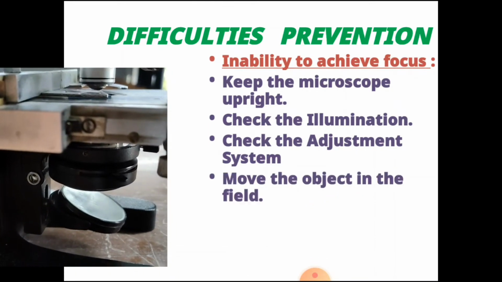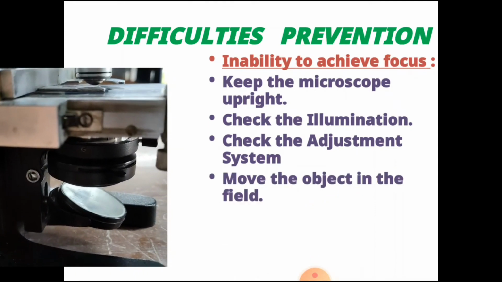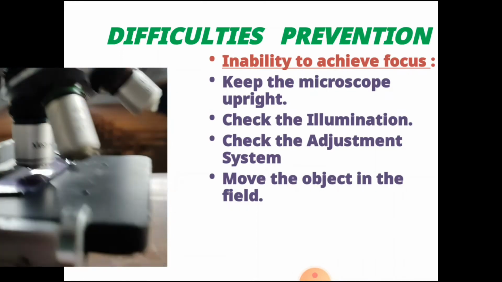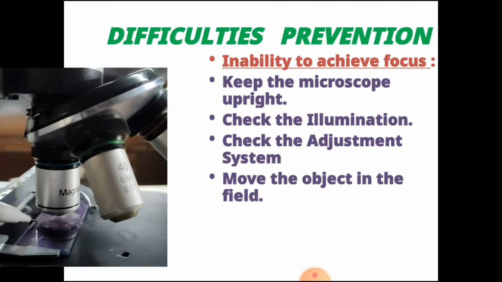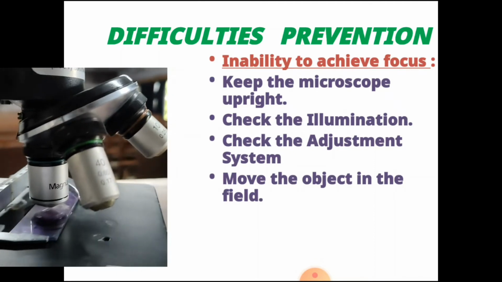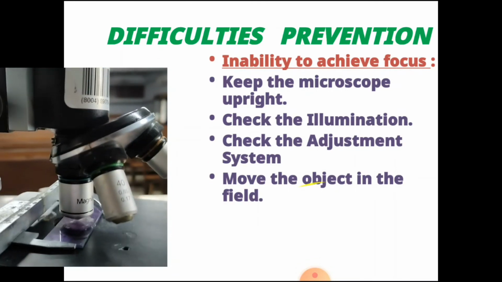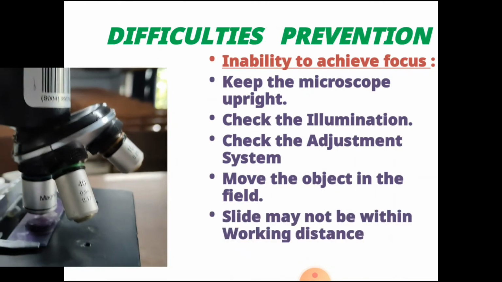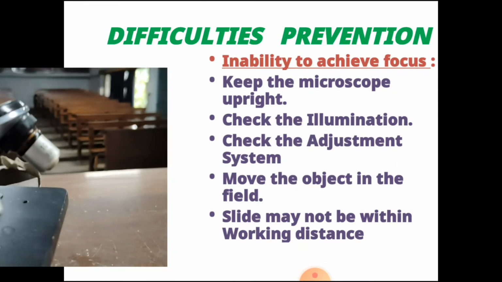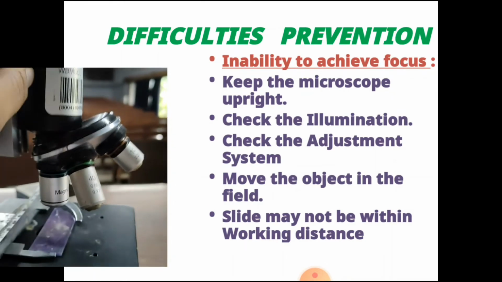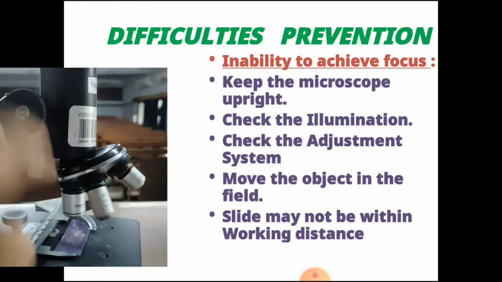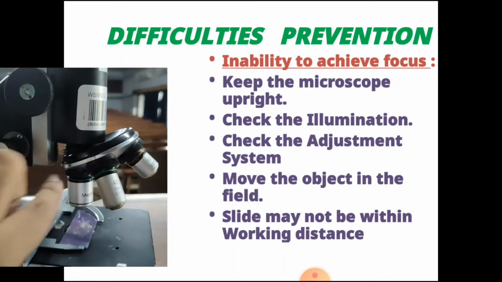Move the object to the field. Keep the slide with the object just above the central aperture. Slide may not be within working distance, that means the body tube is in the high up position.